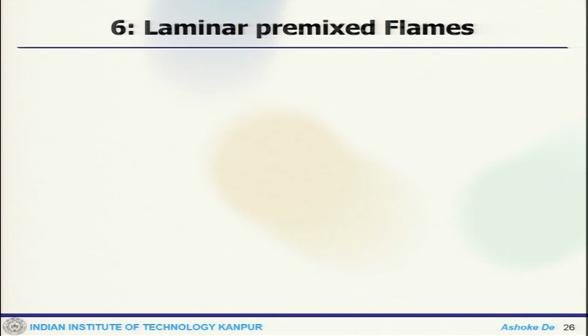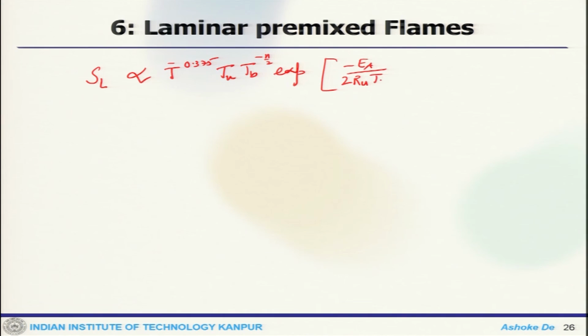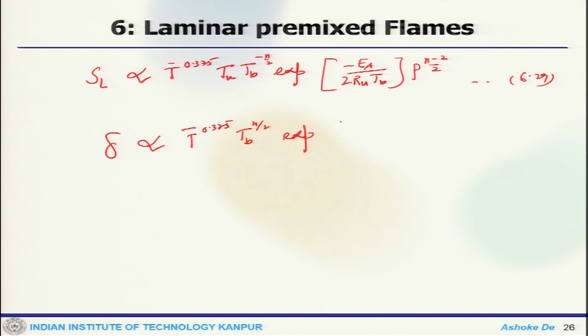Now, if you combine these scalings, you get an expression for SL, which will look like T bar, T unburned, to p to the power n minus 2, whereas delta is proportional to 0.375, exponential A by, p to the power n by 2.